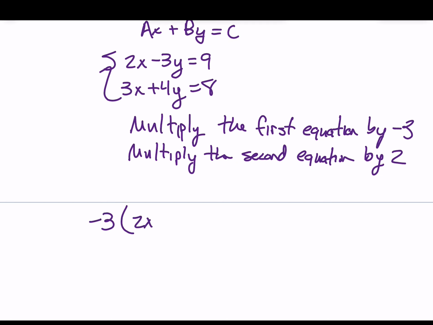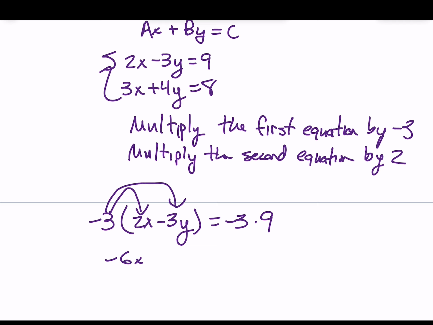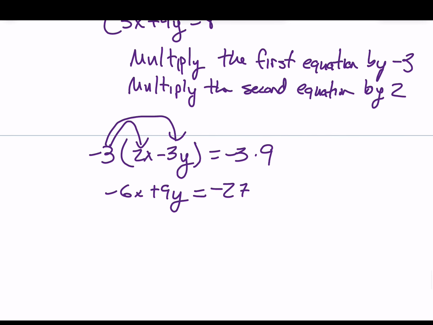So let's do that. Negative 3 times the left-hand side of the first equation, 2x minus 3y, is equal to negative 3 times 9. We can distribute and we get negative 6x. Negative 3 times negative 3y is plus 9y. Negative 3 times 9 is negative 27.